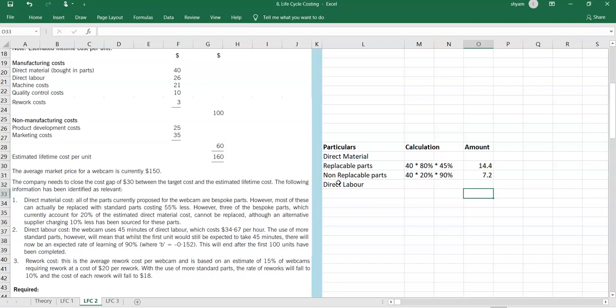Or we'll assume after the learning curve is done the answer is 10.5. Because if we do the learning curve we'll get 10.5, but either way we'll work it out. Rework. So the last one is rework. So the other costs would be what is given then. Machine cost is 21.